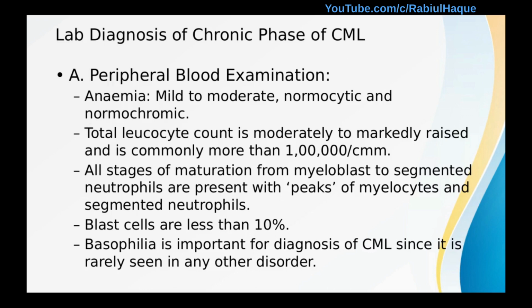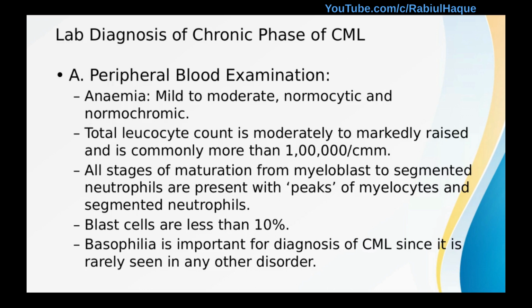Total leukocyte count is moderately to markedly raised, and it is commonly more than 100,000. All stages of maturation from myeloblast to segmented neutrophils are present, with peaks of myelocytes and segmented neutrophils. Blast cells are less than 10%.